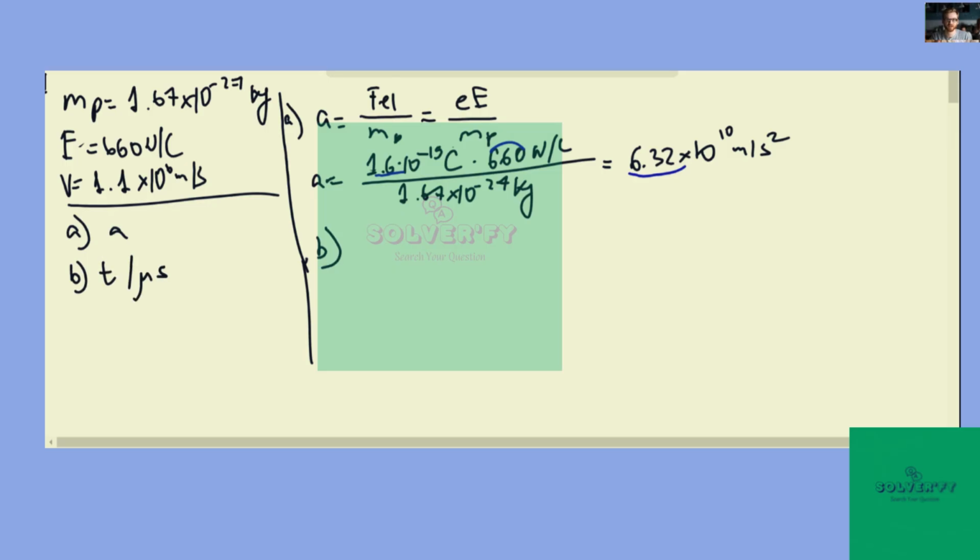Due to the fact that the initial velocity is 0, the acceleration time simply equals the speed divided by the acceleration: 1.1 times 10 to the power of 6 meters per second divided by 6.32 times 10 to the power of 10 meters per second squared.